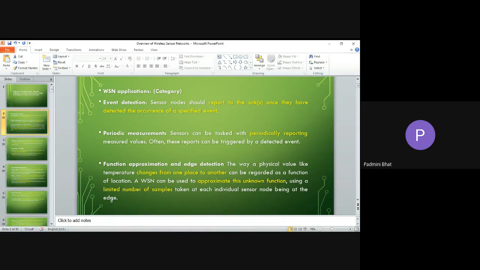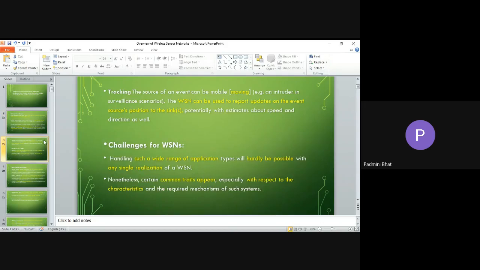That means there are continuously changing values, so how to take the values? It does the approximation. It makes a sample, and then the sample averaged value is taken and sent to the sink. So that is also possible.